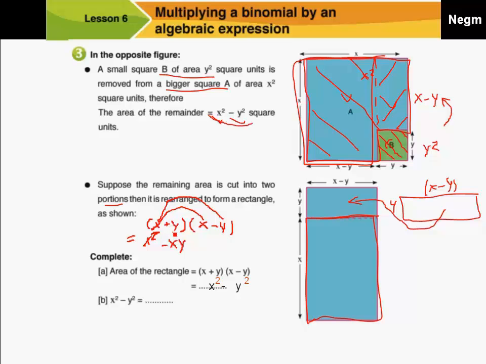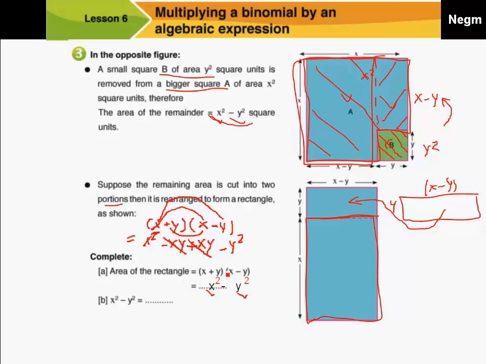And multiply plus y times x gives yx, or we can write it plus xy. Multiply plus y times minus y gives minus y squared. Plus minus xy can be eliminated with plus xy. This will equal x squared minus y squared, which is this one.